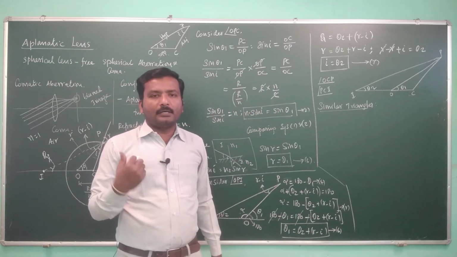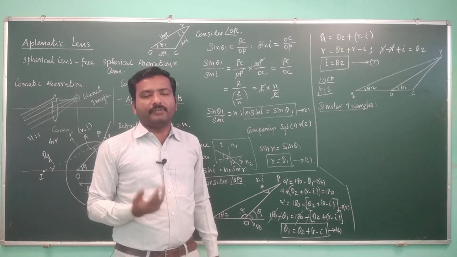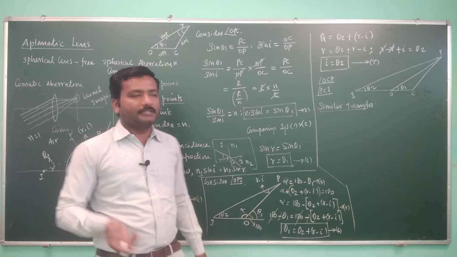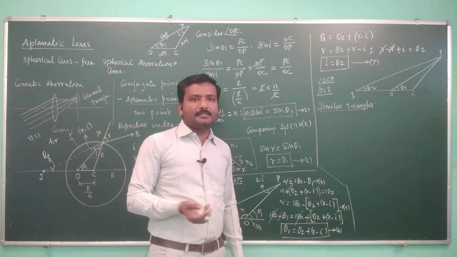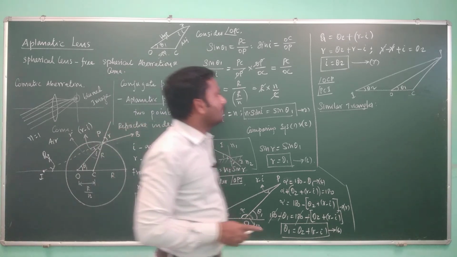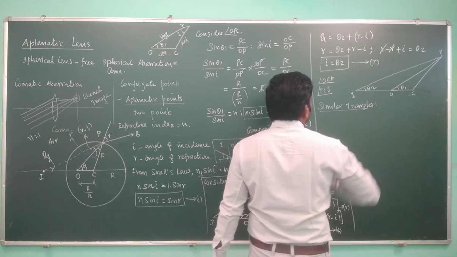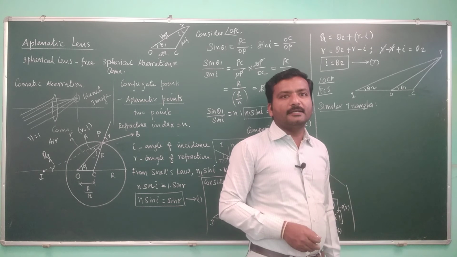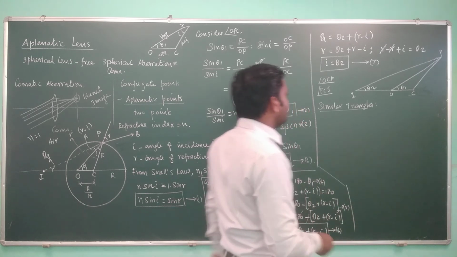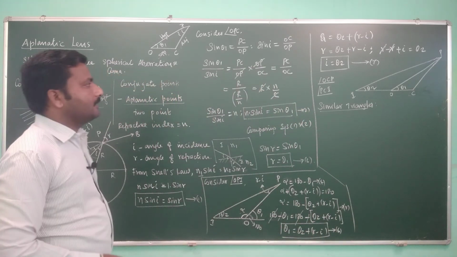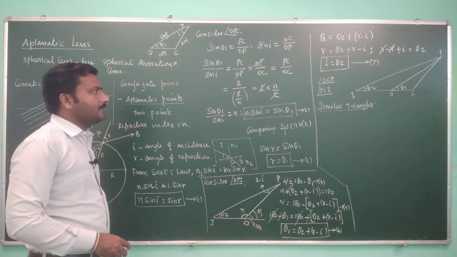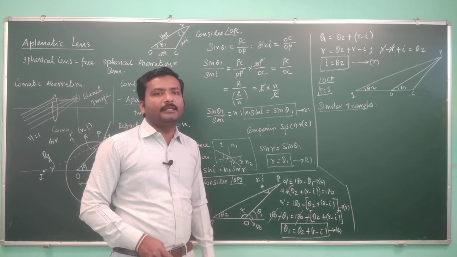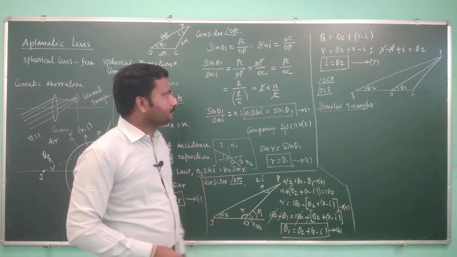Generally, congruent triangles are triangles where all three sides and all three angles are equal. But similar triangles are where only two angles are congruent, two angles are equal. So the sufficient condition for saying two triangles are similar is that any two angles of one triangle must be equal to any two angles of the other triangle.